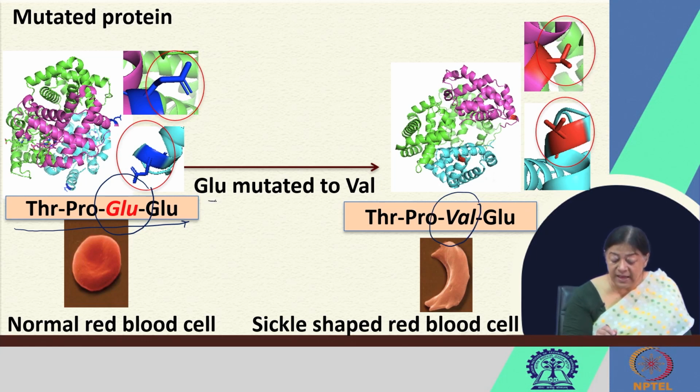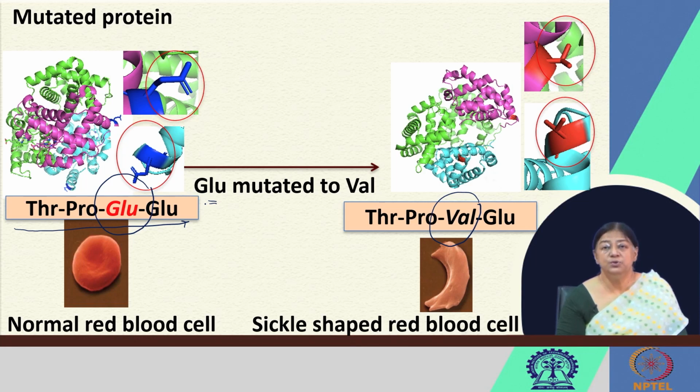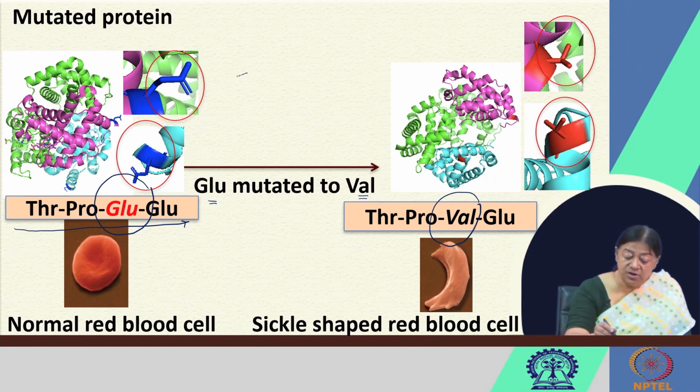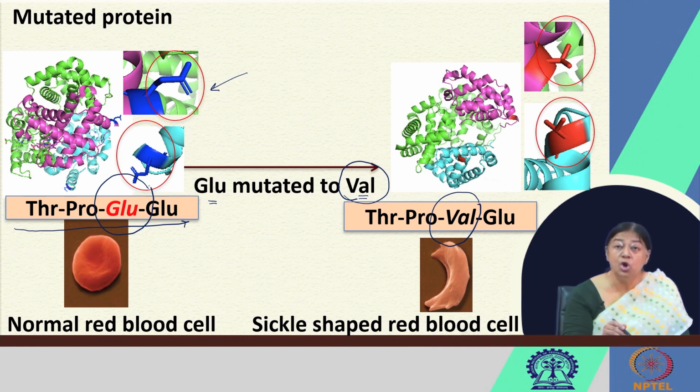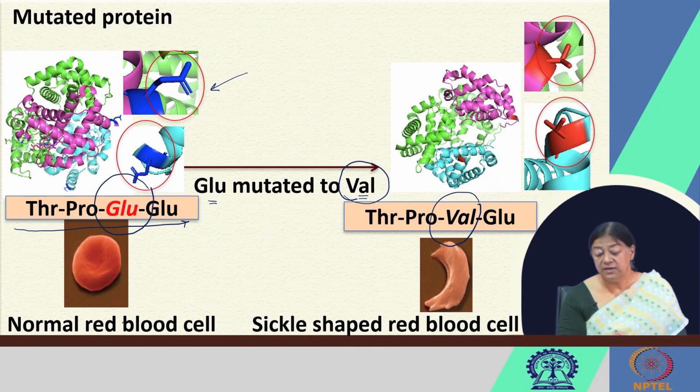Now, a glutamic acid, as we looked at the structure, has an acidic group to it. Valine, on the other hand, is a hydrophobic amino acid. So, the glutamate that is on the surface of the protein and the valine which is formed on mutation would not prefer to be on the surface of the protein, rendering it a different character altogether.